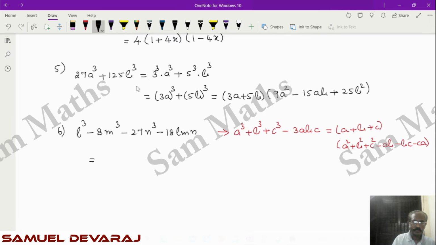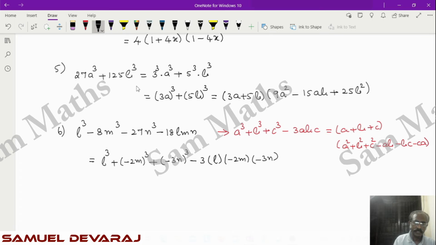Therefore, we'll get here, this we can modify: l cube as it is, I am writing, plus minus 2m the whole cube plus minus 3n the whole cube minus, I can write the last term as 3 into l into minus 2m into minus 3n. First three terms I am taking, that is l, minus 2m and minus 3n. You multiply and check, it becomes 2 3s are 6, 6 3s are 18lmn.